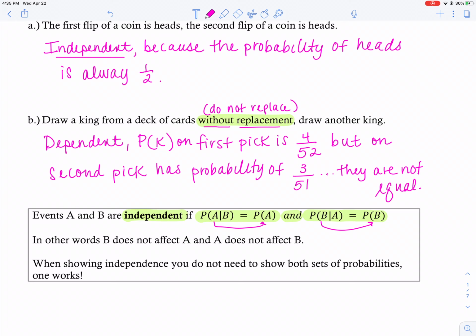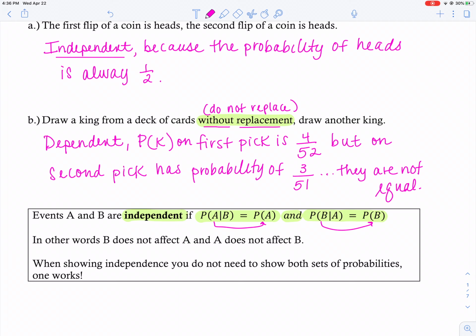In other words, B doesn't affect A and A doesn't affect B. If the probability of A given B still equals the probability of A, then B did not affect the probability of A. Reverse, if the probability of B given A still equals the probability of B, then A did not affect your outcome of event B.